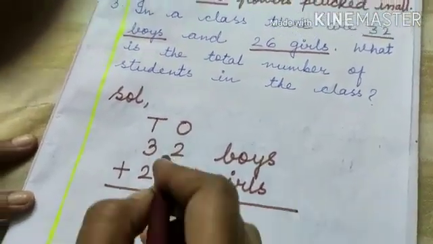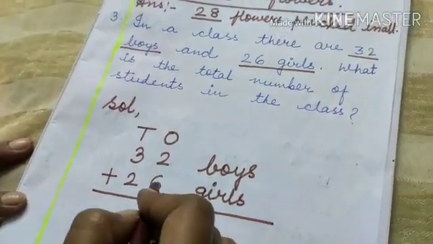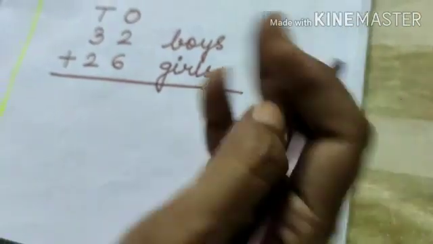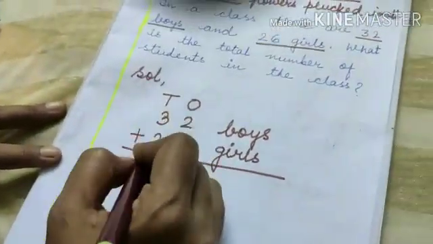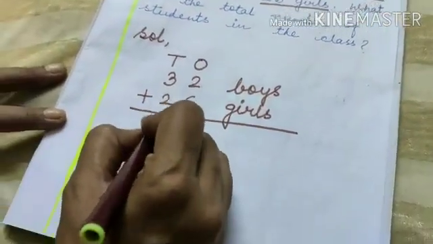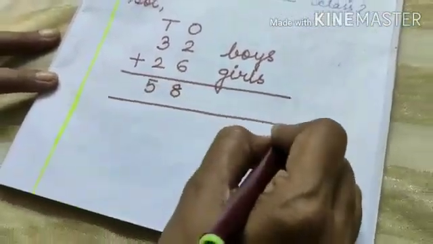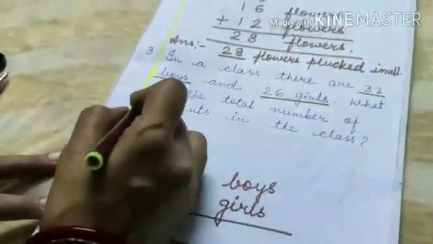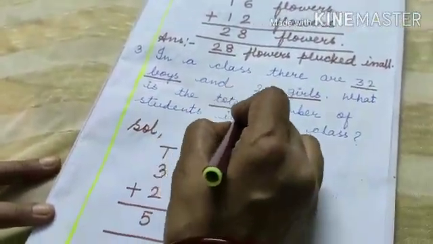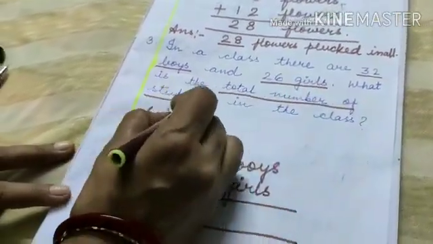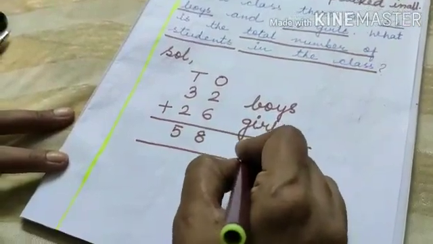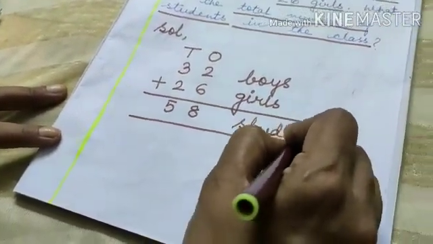Then I will do the addition. 6 plus 2, 6, 7, 8. 3 plus 2, 3, 4, 5. So, what is the answer? What is the total number of students? So, total number of students in the class. So, here I will write students.